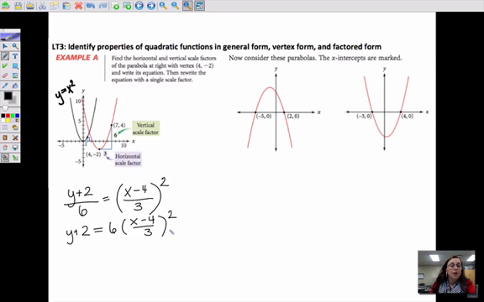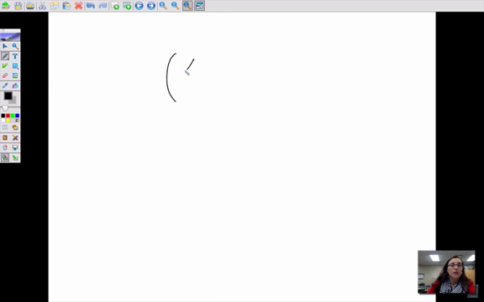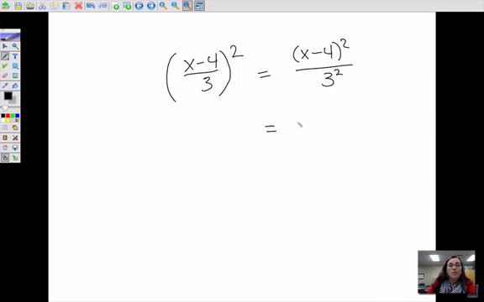And then I'm going to apply a trick here. Think about this part here, and think about our exponent rules. We can apply the exponent to each part separately, and then we can also break each part out. Like that.